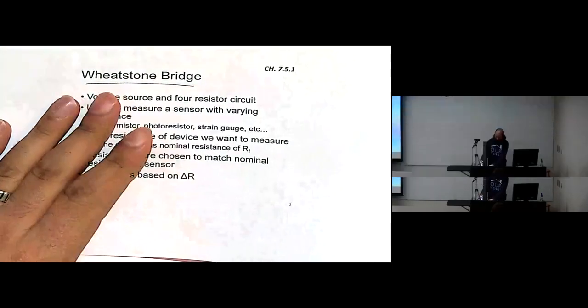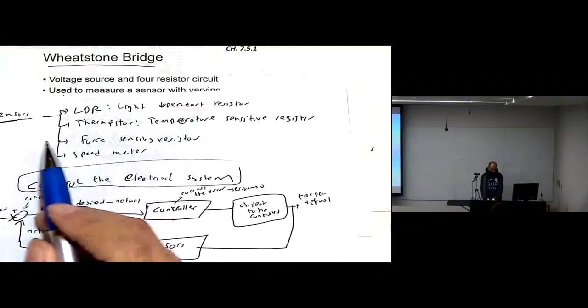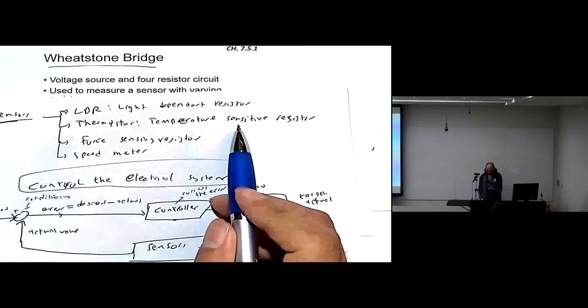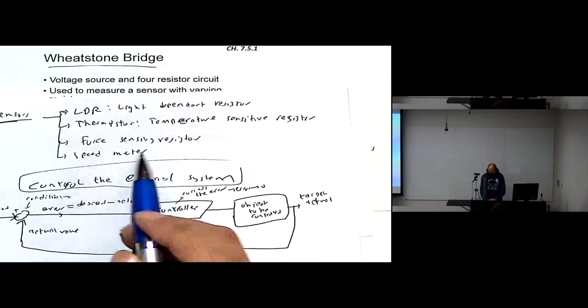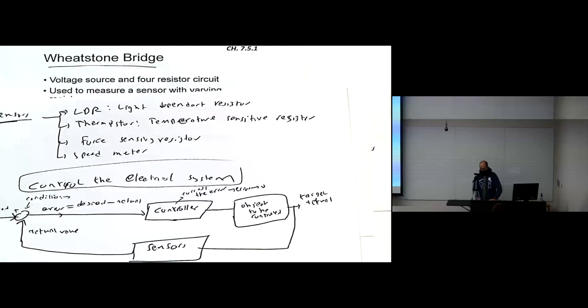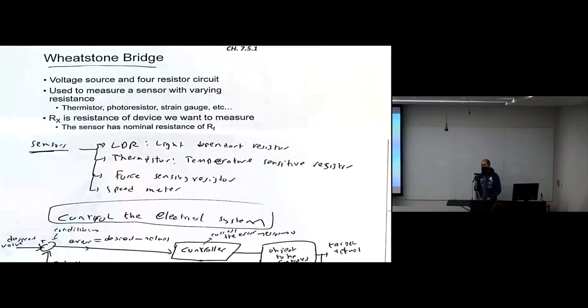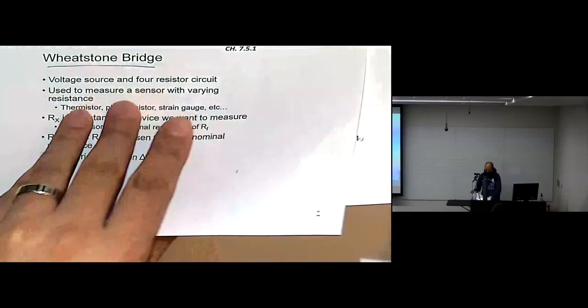Because, going back to the applications, LDR, light dependent resistor, thermistor, temperature sensitive resistor, force sensing resistor. These kinds of sensors are variable resistors. So in order to get the electrical signal from it, I need to find the value of this resistor. How can I measure the resistor? By using a Wheatstone bridge.